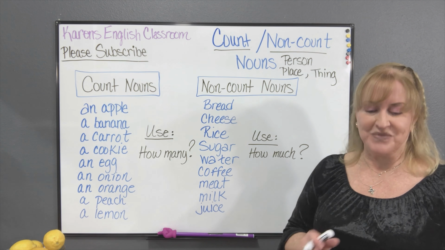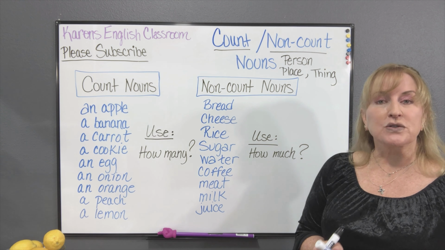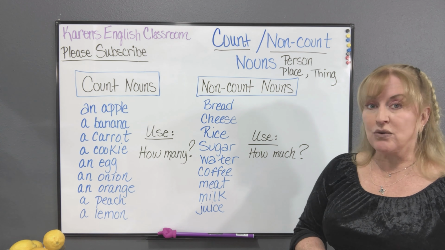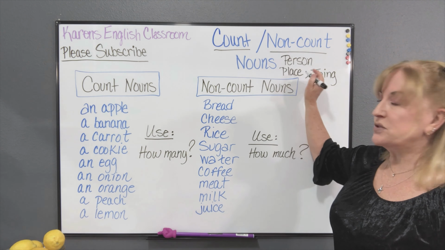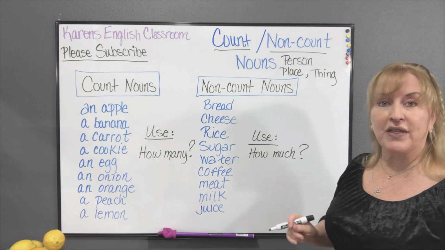So we have person, place, thing. Those are nouns. You can count all of these.